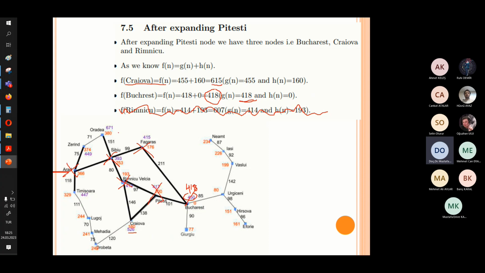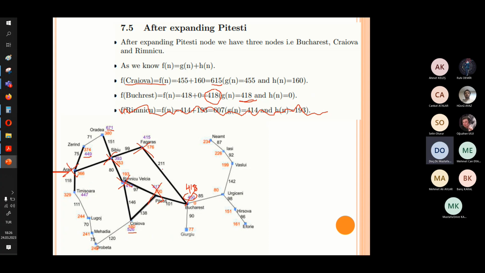Now the open list, the values are 617, which is larger than 418, so we don't need to consider. 449, which is worse than 418, so we will not consider this one. 447 is not smaller than 418. 526 is not better than 418. Therefore, none of the remaining open nodes can provide a better solution than this solution. Therefore, we can stop without further exploring.